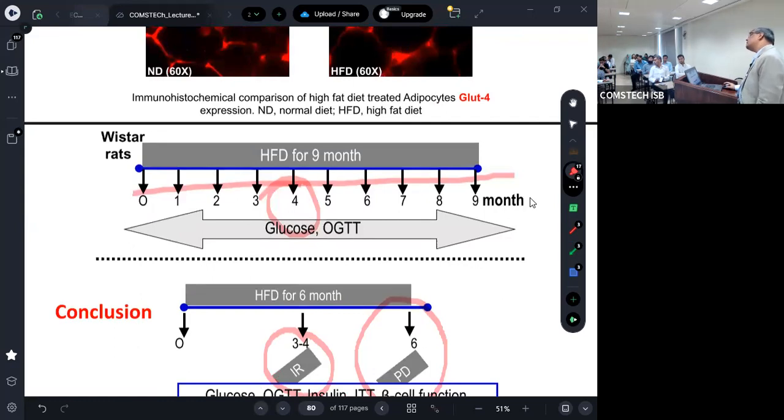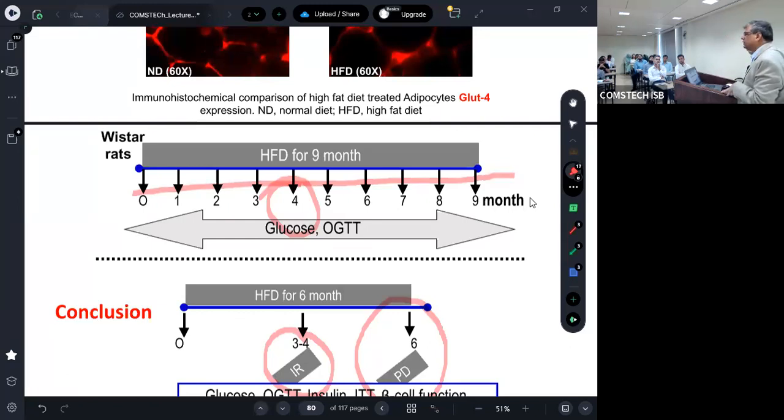So this is the study, similar study in human. Normally in the US, many subjects are very obese. Their whole life, they're obese. They never ever develop diabetes. It is not meant because a certain amount of insulin is there. It manages. So there is a certain amount of insulin.